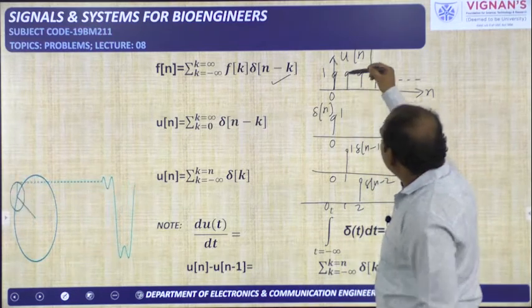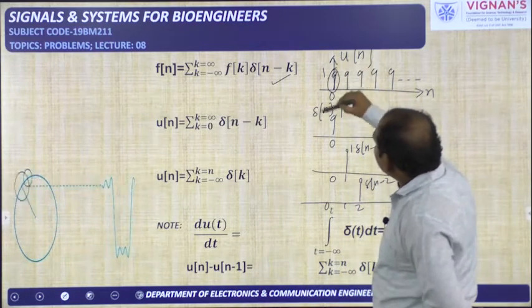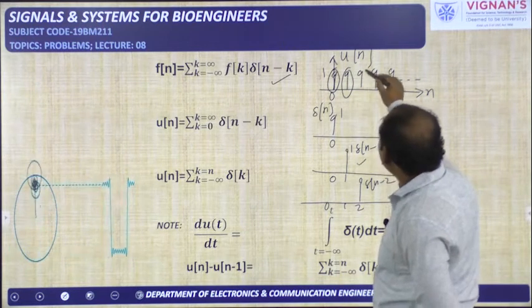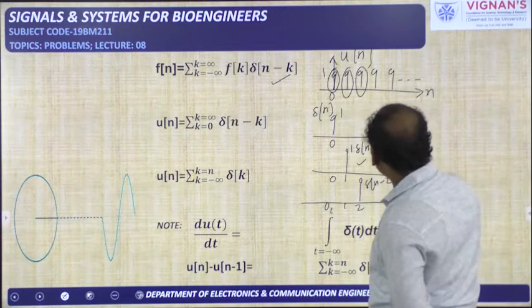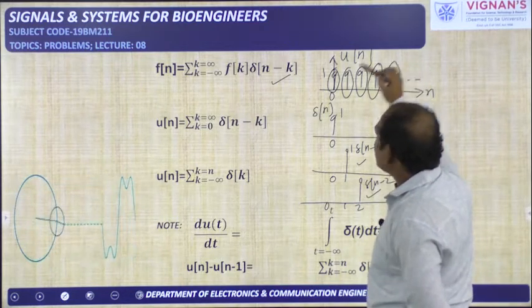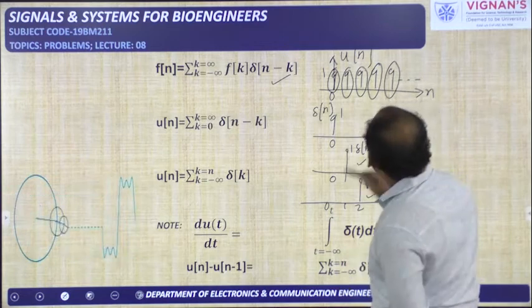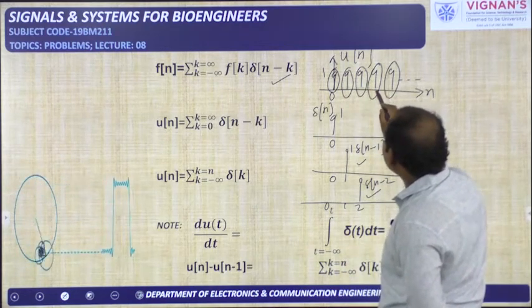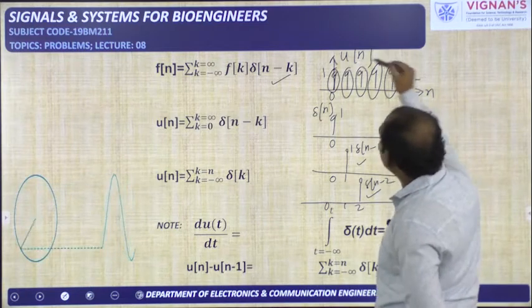You see, del of n is covered here, del of n minus 1 is covered here, del of n minus 2 is covered here. It is del of n minus 3 actually, it is del of n minus 4. So by adding del of n minus 1, del of n minus 2, del of n minus 3, del of n minus 4 and so on, you will get u of n.